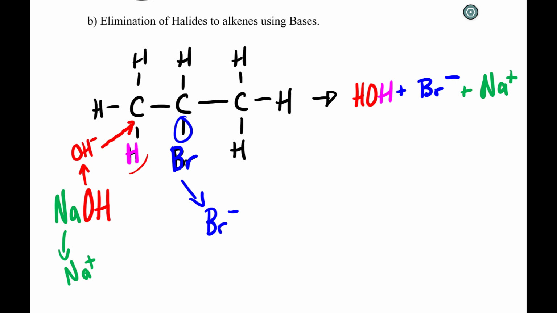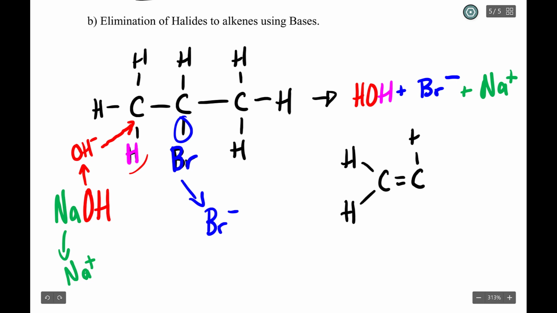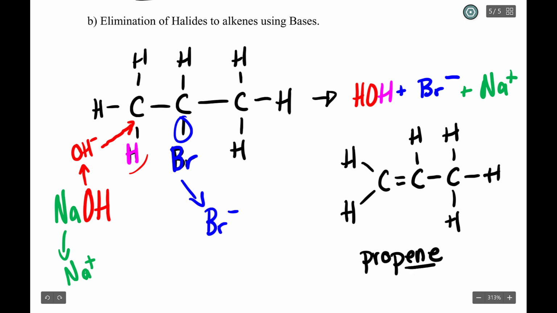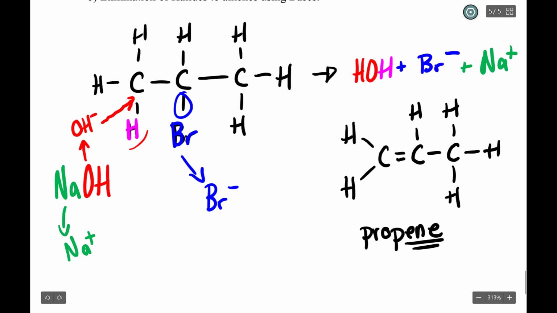What we're going to have is a double bond between those 2 carbons, like this, and we have now formed a propene, which of course again is necessary in an elimination, that we go from something which is saturated in terms of carbon-carbon bonds to something which is unsaturated with a carbon-carbon double bond.